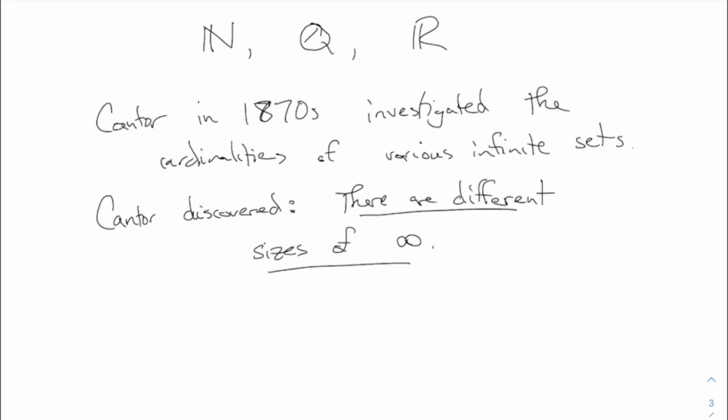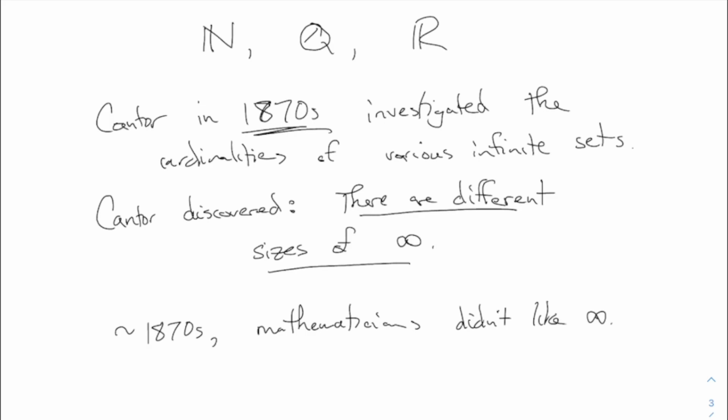Cantor basically did this in some papers in the 1870s, and this was very, very controversial at the time. So around the 1870s, when Cantor did this work, mathematicians didn't like infinity.